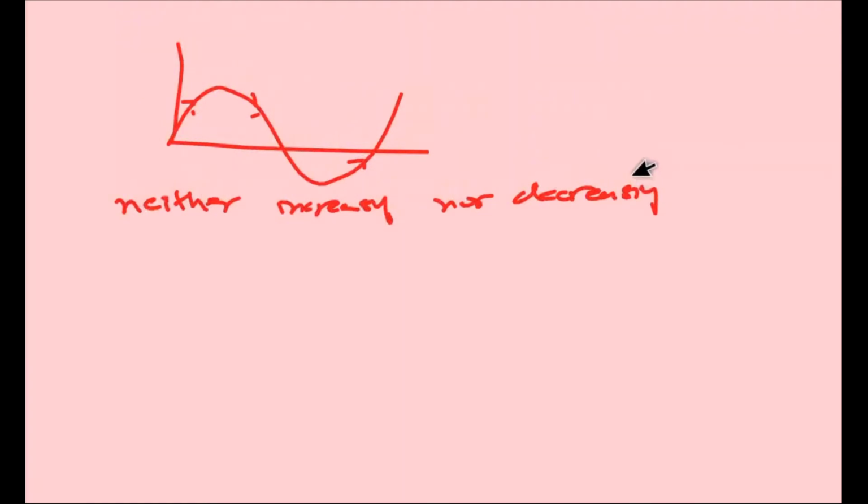We cannot say this function is always increasing or always decreasing, but for a particular interval, if we take this interval only, then it is increasing, and if we take this interval only, then it is decreasing.